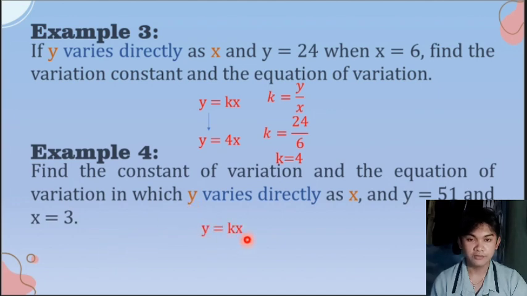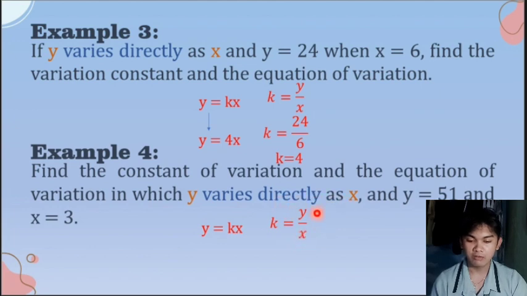Y is equal to kx. We have to get the value of k, or the constant, first. So, k is equal to y over x. Y is the numerator since y is the one on the left side here, and x is the denominator.